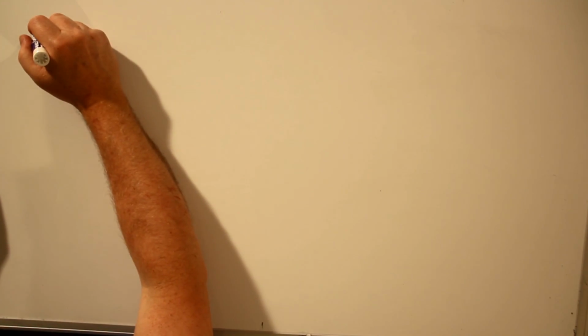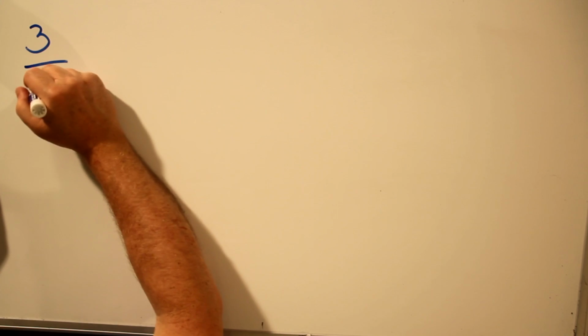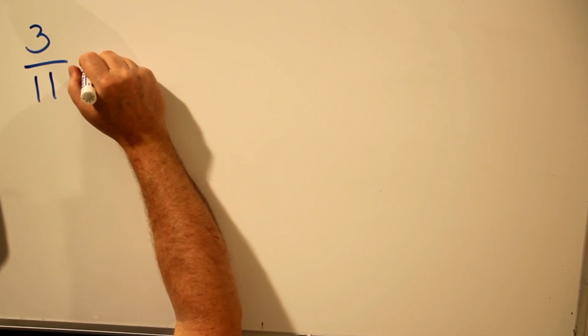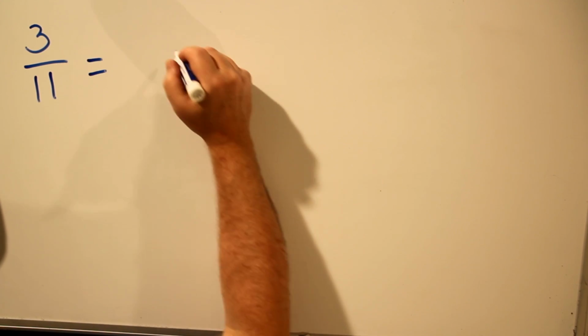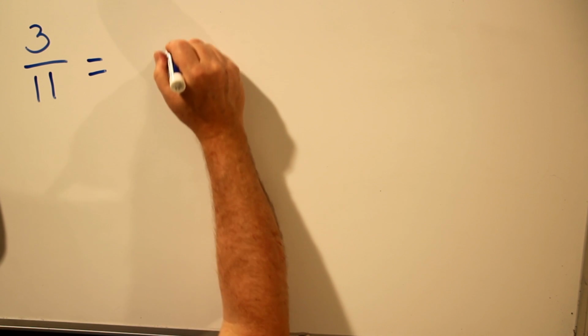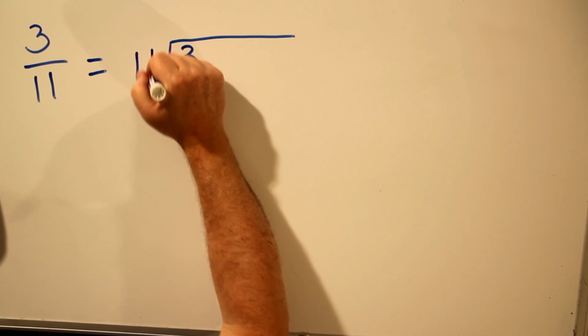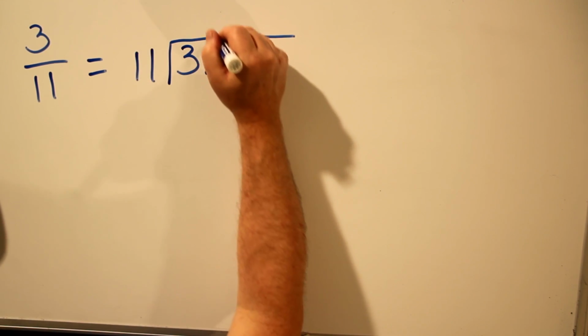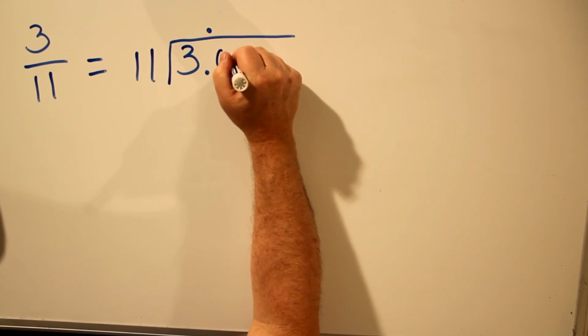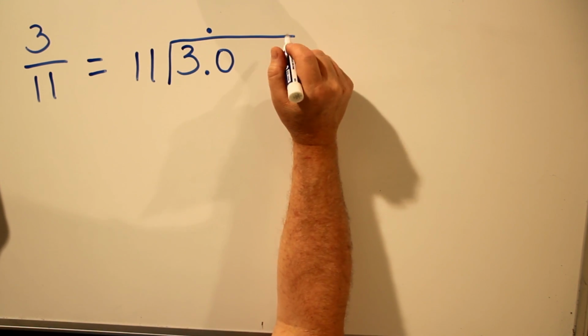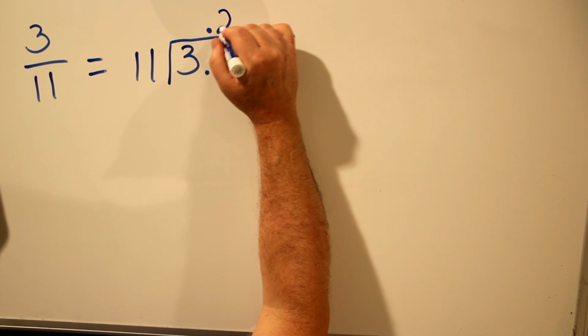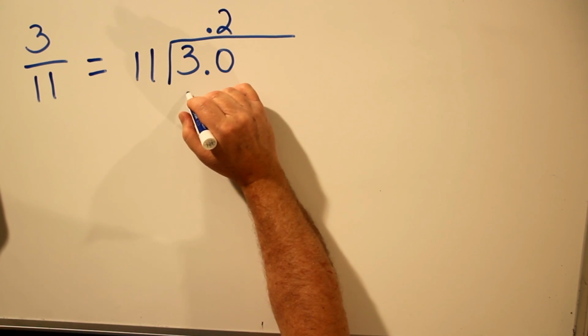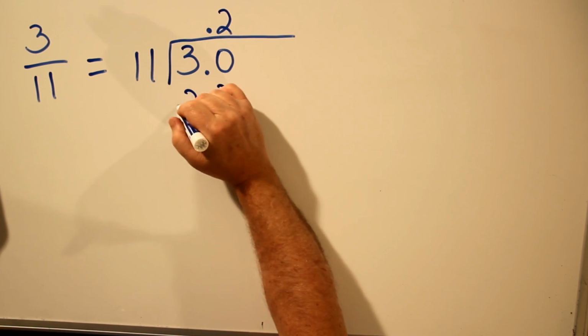Let's see how it happens with a fraction like 3 over 11. Convert that to a decimal. Well, that's 3 divided by 11. 11 does not divide into 3, so I'll add a 0. 11 goes into 30 twice, 2 times. 2 times 11 is 22.